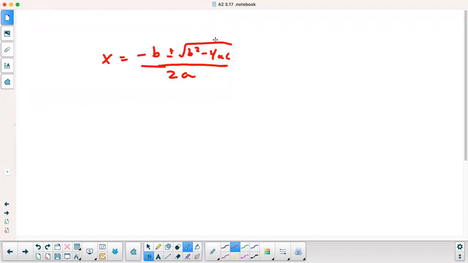Well, it's this radical here. So what happens is if b squared minus 4ac is positive, then we're going to have two real solutions. Why? Because you square root a number and you add it and then subtract it. So you're going to get two different numbers.